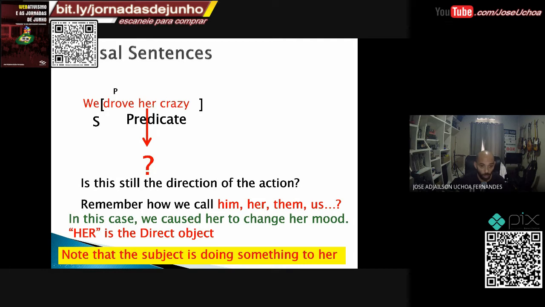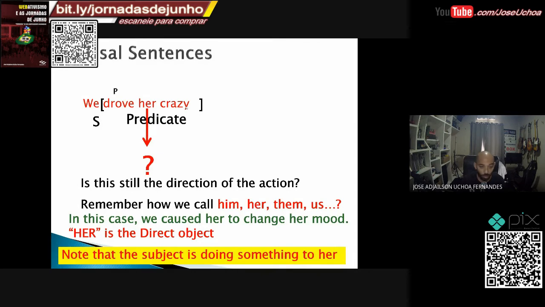And now her equals crazy. So it's a predicative complement, but it has nothing to do with the subject. It has to do with her, which happens to be the object, the direct object. So this is a predicative complement, object oriented.